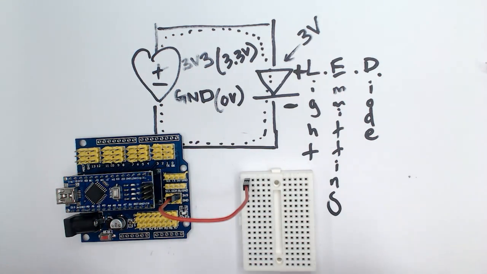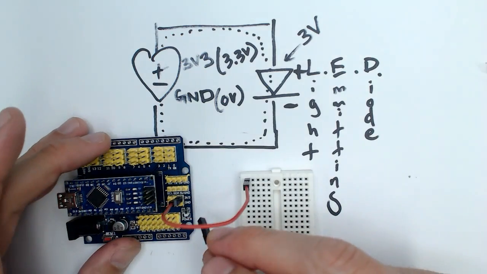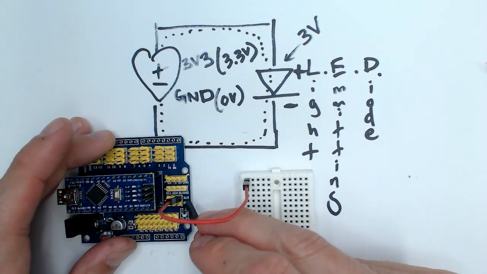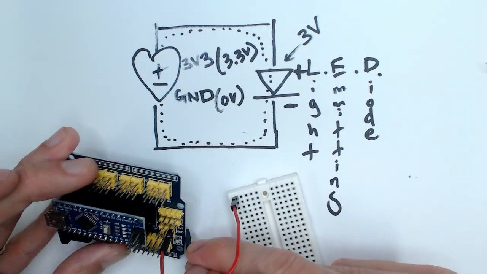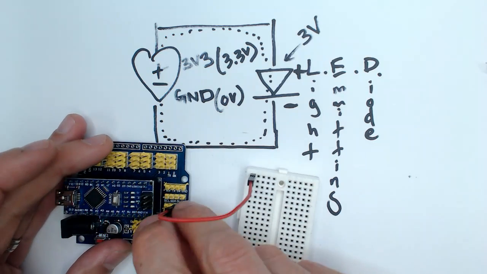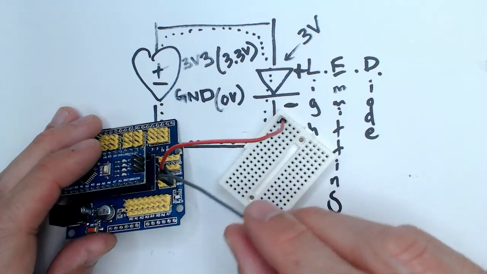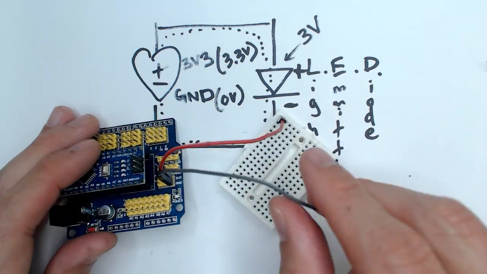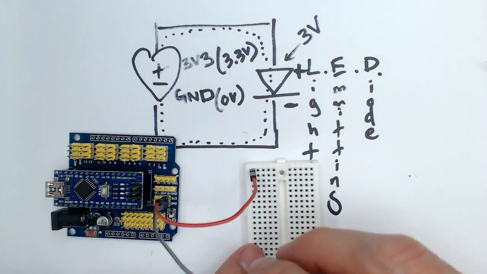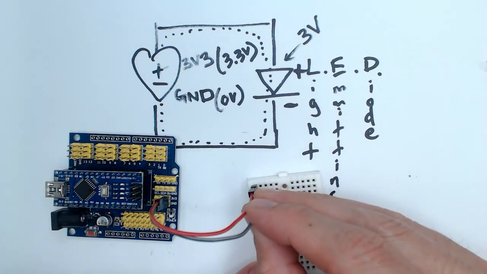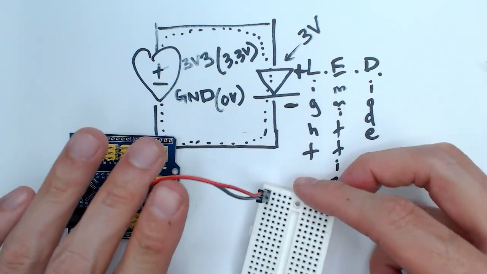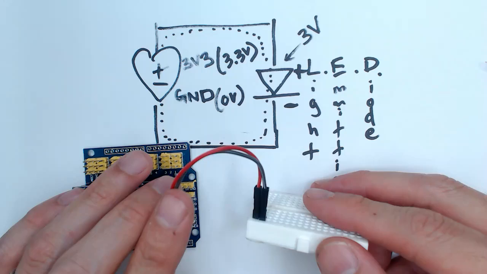And the next thing that I'm going to do is take the minus. So let's take the gray wire and connect it to GND. There. Okay. So let me show you here just to be clear. And then let's put this on the second row. All right, and I'll give you a little look here.